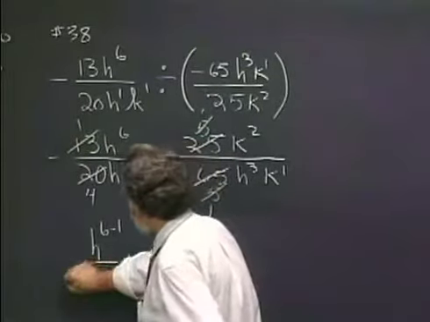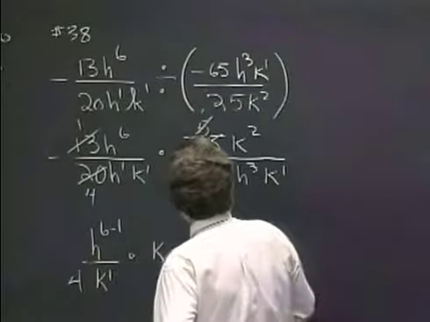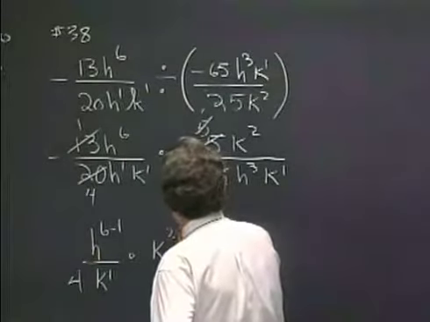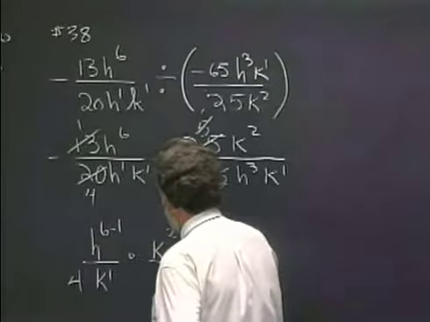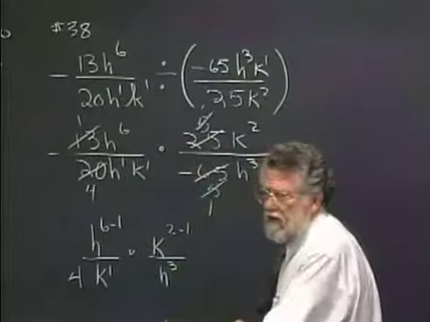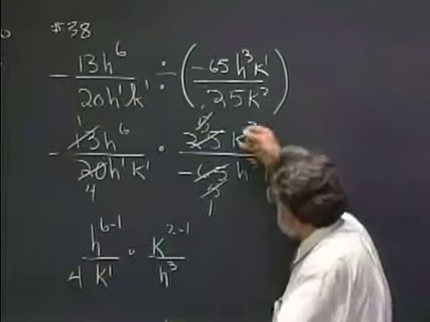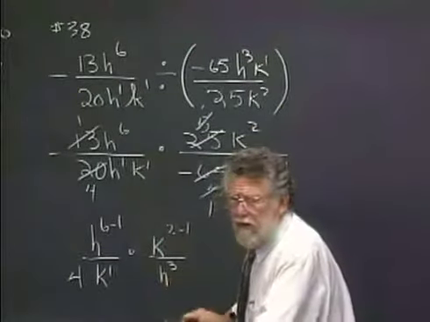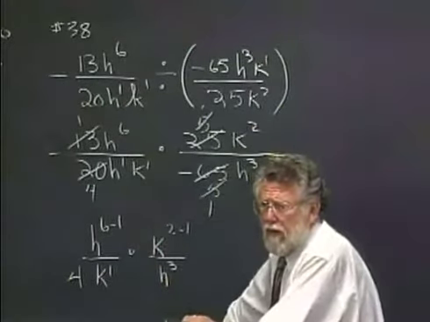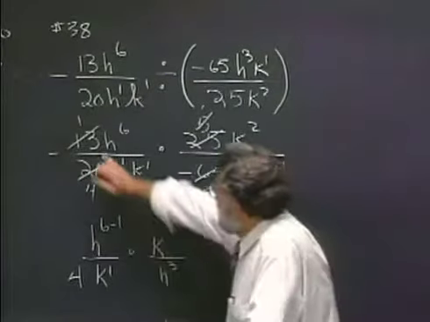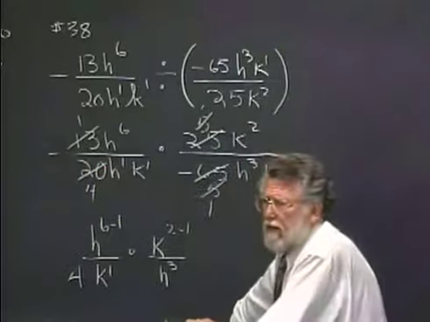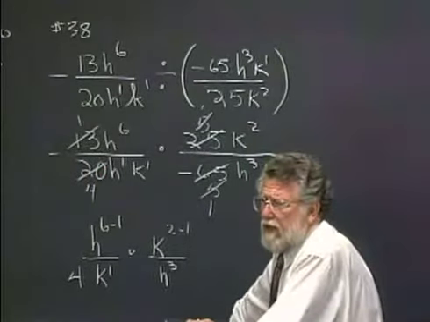Let's see, I guess I have 4 there, right? 4k to the first. And I have a k to the 2 minus 1 over an h cubed, just to try to get some things simplified. So I'm simplifying each of these fractions after reducing the numerical part. Robert? Where did you break down the 13? 13 and the 65. 5 times 13 is 65.